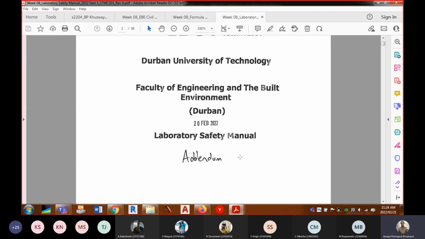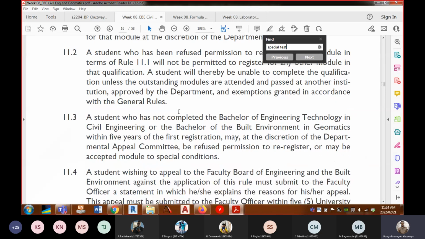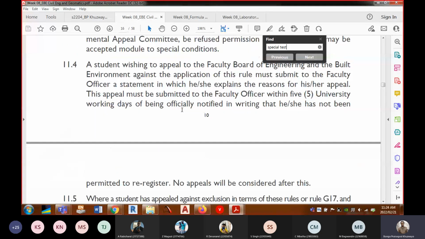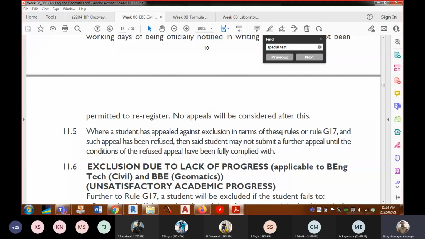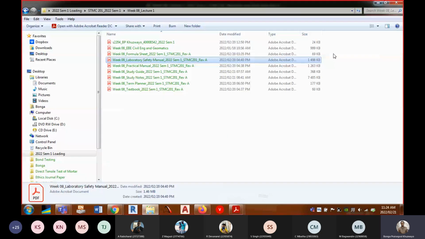All you need to do is comply with wearing closed shoes, and I think a long shirt, you must just check in the departmental handbook. They do tell you how you need to dress. You need to be presentable, and in there they mention something about using closed shoes, especially when you come to the labs, right?